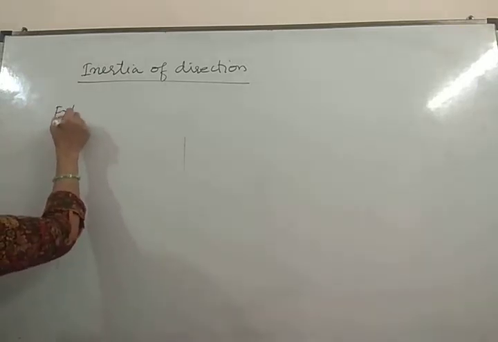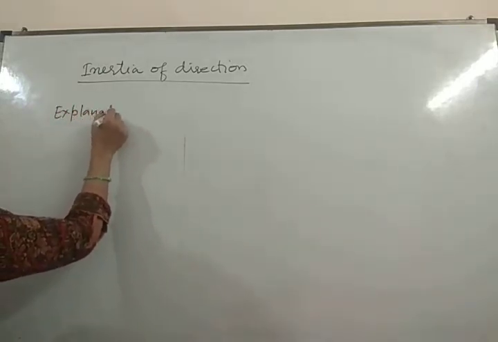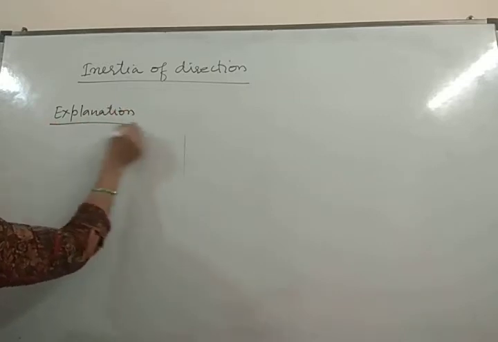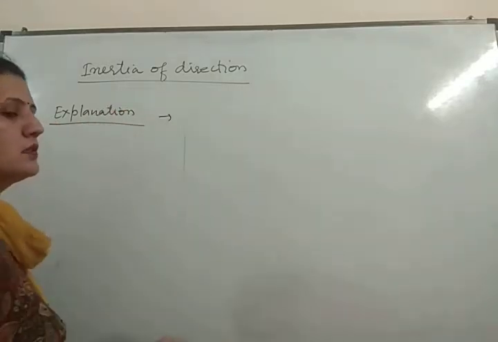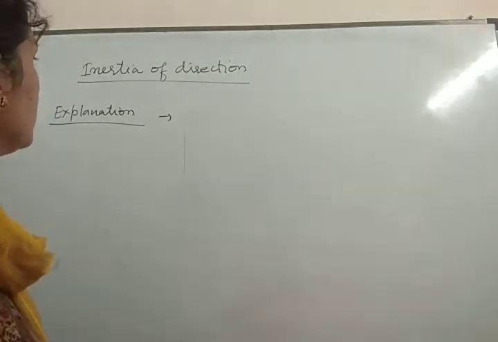Explanation of the example: why a person falls outward while taking a sharp turn.